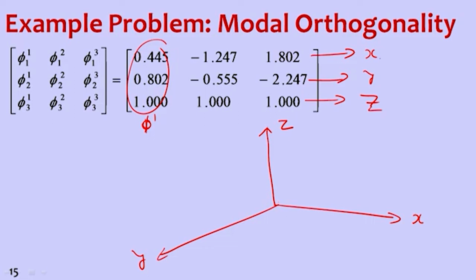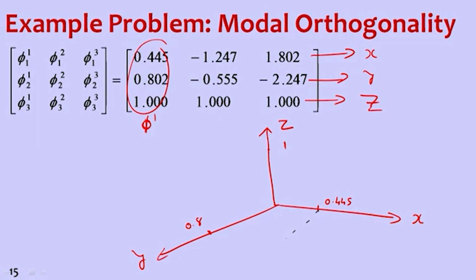Let us say the x value for phi 1. Phi 1 in the x direction is around 0.445. In the y direction it is 0.8, which is somewhere around here. And in the z direction it is 1. I have to find that in space.